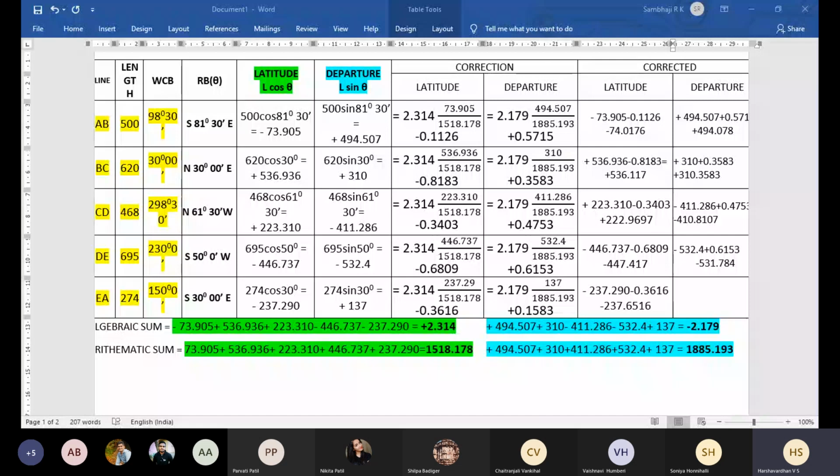So to cross check, we'll calculate the algebraic sum, and it should come as 0.